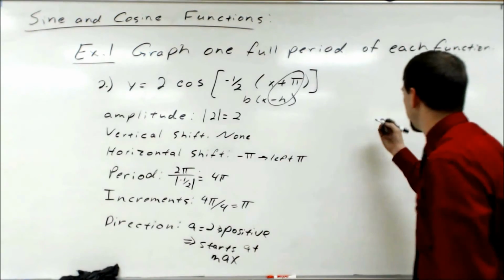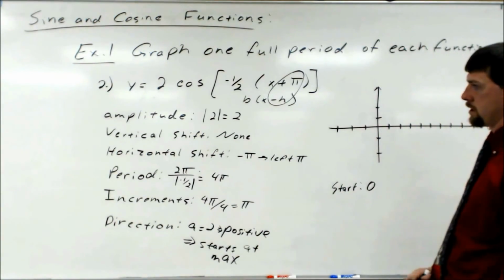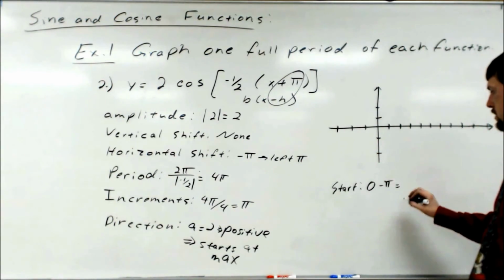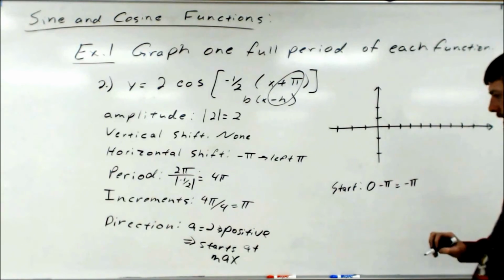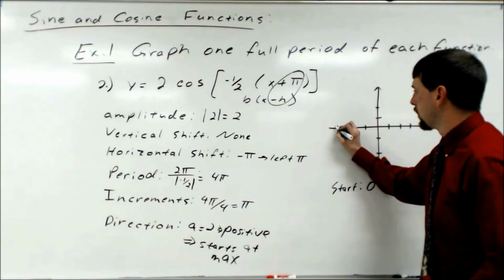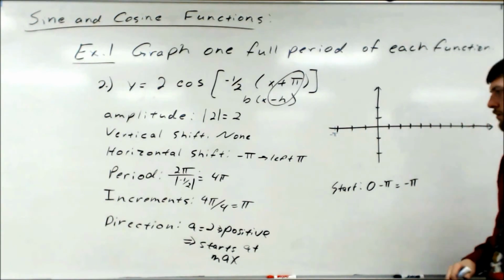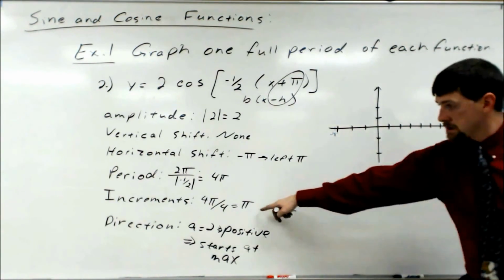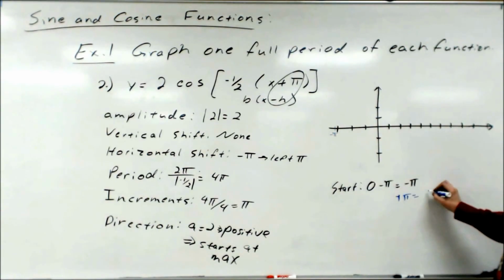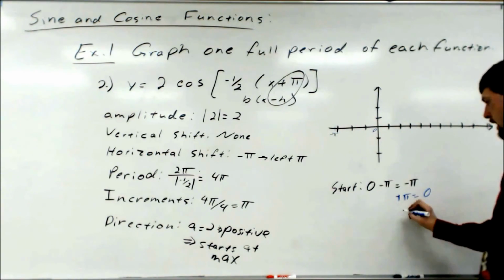So let's go ahead and graph it. Our start point is typically at 0. We had a horizontal shift left pi units, so we should be starting at negative pi, or negative 3.14. That's going to be our first value. Then we add pi each time because the increments were pi. Negative pi plus pi is 0, so 0 is my next break point.